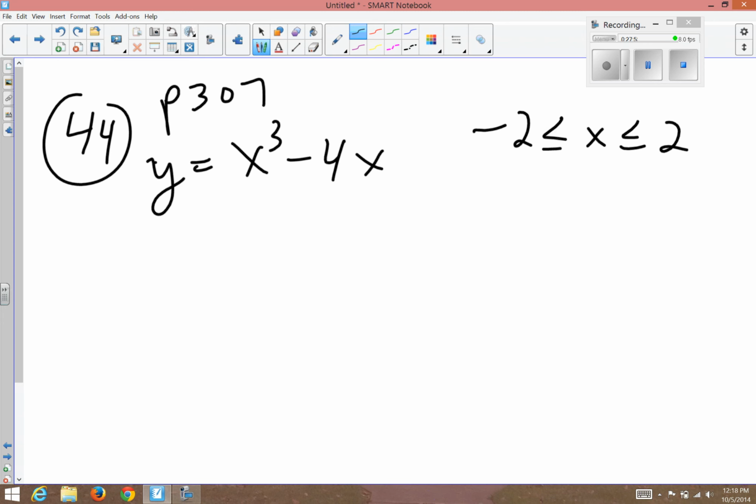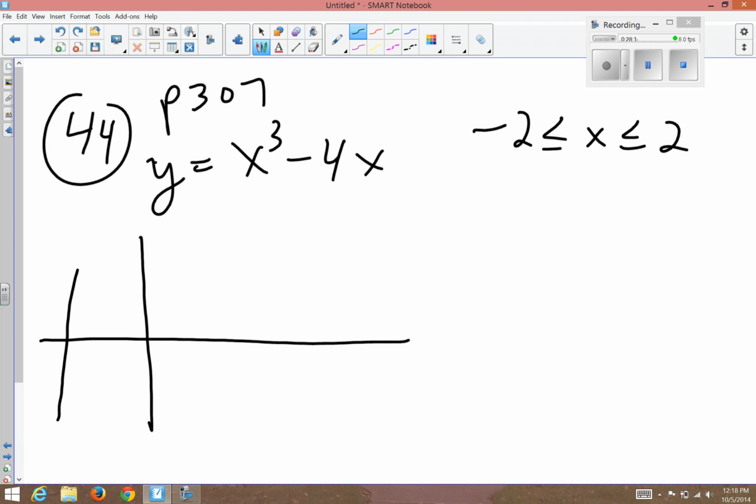I'm going to cheat. I'm going to use a calculator to get the graph so that this doesn't take forever. My calculator shows me that this graph looks like this.